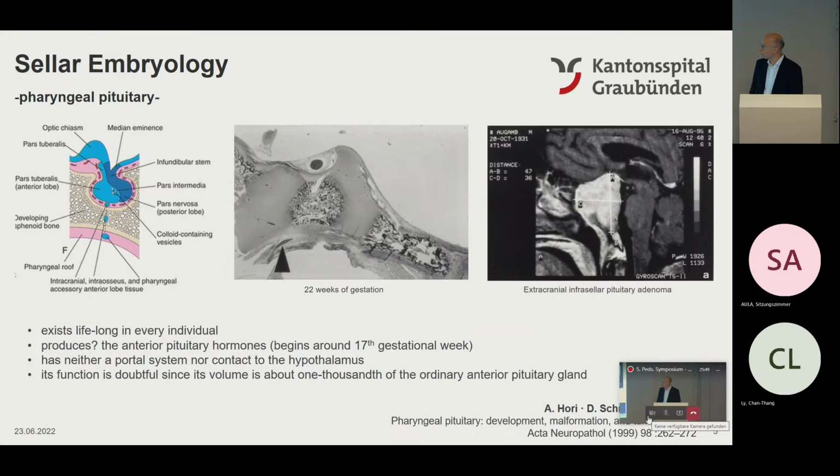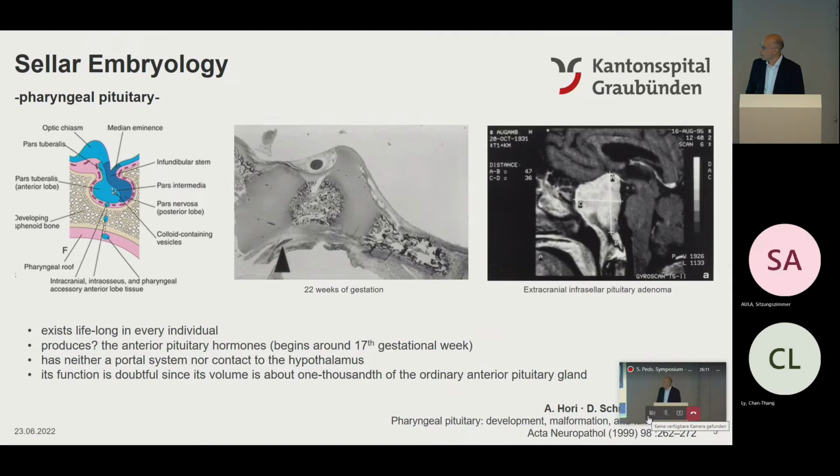When you see pathologies, we know that we have pituitary tumors. They don't arise only from the sella. They may arise from the bone or even from the epipharynx, so it's possible that this additional anterior lobe tissue can make tumors.